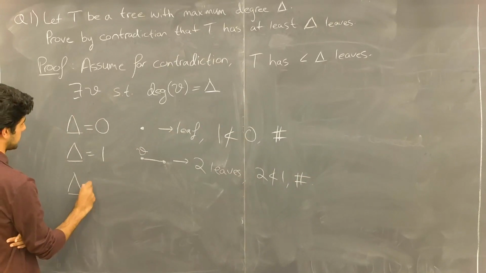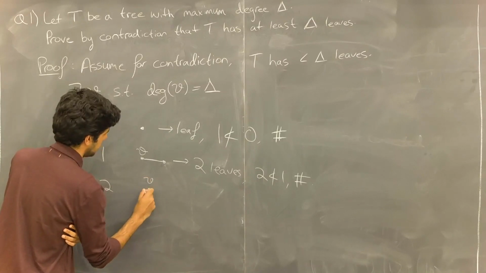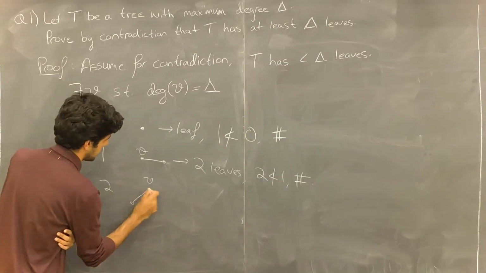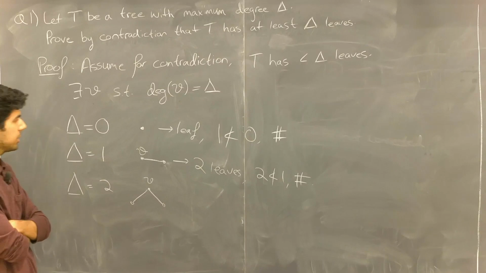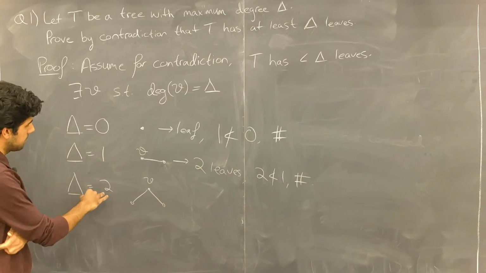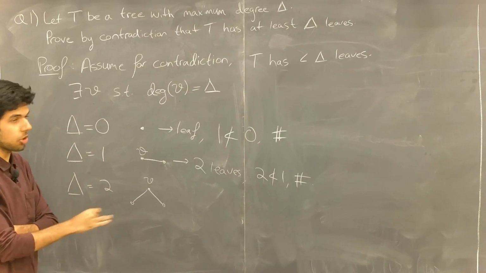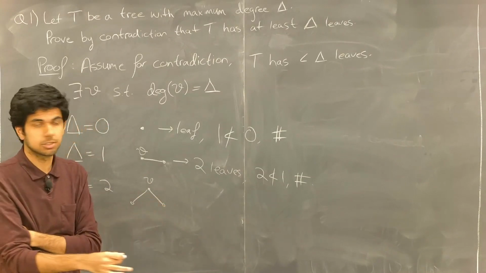Let's try delta equals 2. So we have our vertex V. It has its neighbors. And now we think, okay, how else could this graph look? Since the maximum degree is 2, that means all vertices can have degree 2 or less. It's not just V that has degree 2.